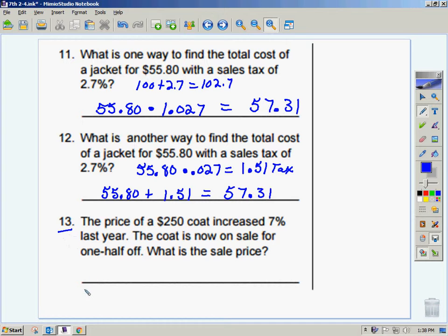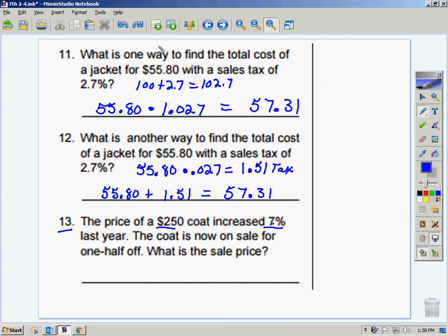Number 13. The price of a $250 coat increased 7%. Is that a markup or a markdown? Markup, because it increased. The coat is now on sale for 1/2 off. Is that going to be up or down? That's going to be down. What is the sale price? Well, the first thing I have to do is figure out how much it increased or what the total would have been.